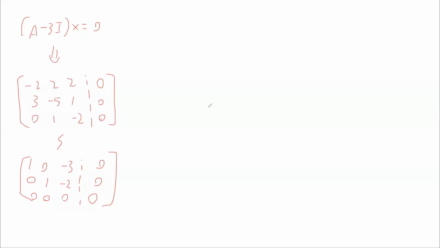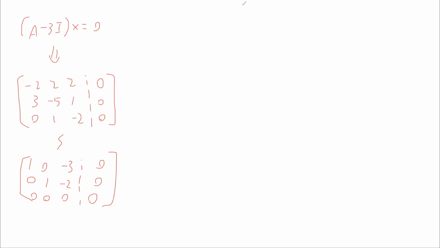When you put it in reduced row echelon form, we see this, and we can tell clearly that we will have a non-trivial solution because we have 3 variables in this case. Let me show you what I'm talking about.